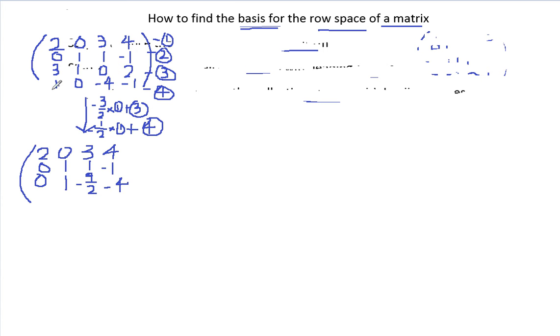Now for the fourth row, minus half times 2 equals minus 1. Minus 1 plus 1 equals 0. For this, it will be 0. And for this, minus half times 3 equals minus 3 over 2. Minus 3 over 2 plus minus 4 equals minus 11 over 2.